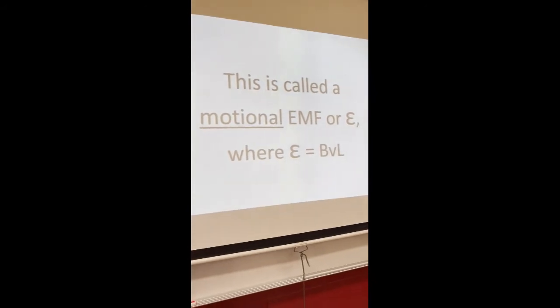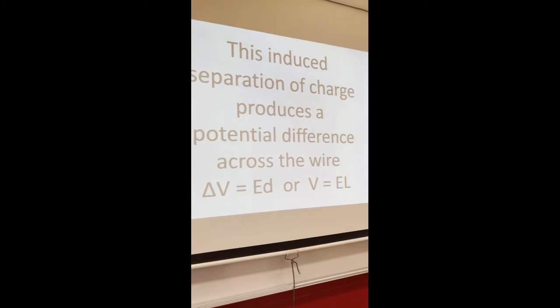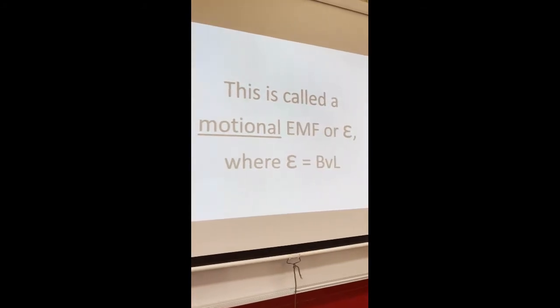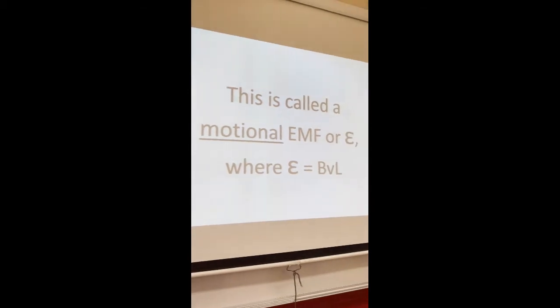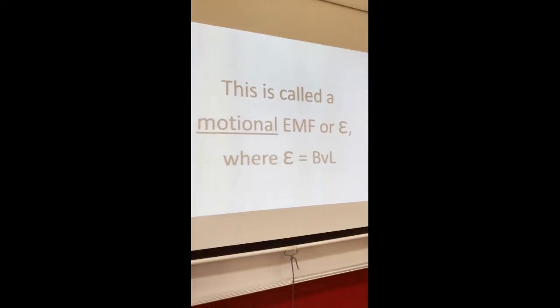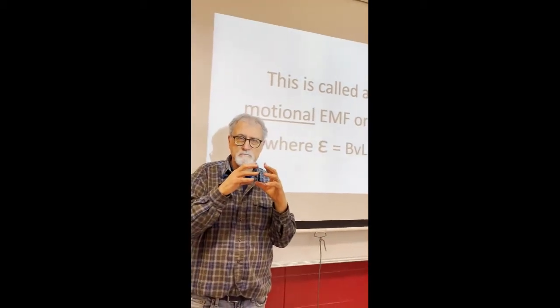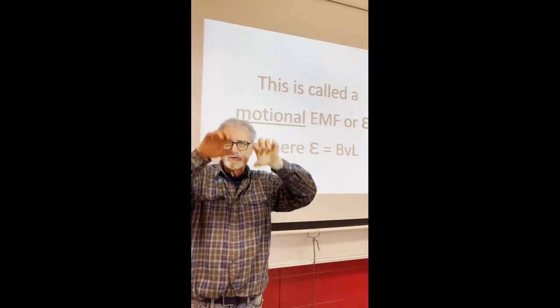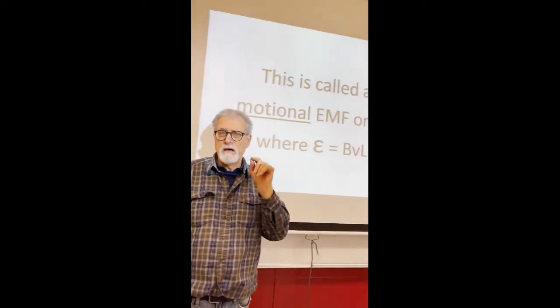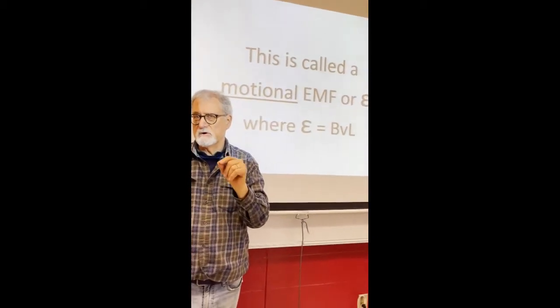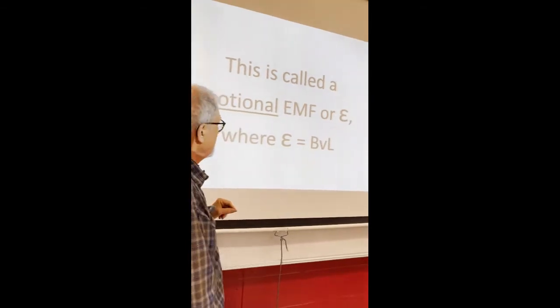So that voltage, that is motional EMF. Before, we talked about motional EMF, about the whole thing moving. Now we're going inside the wire. Before, we were just looking at structures that were moving in the field. Now we're going inside the wire to take a look at what's really going on, what's making all this happen.